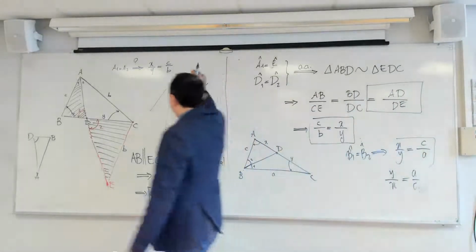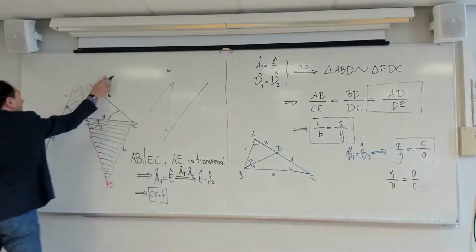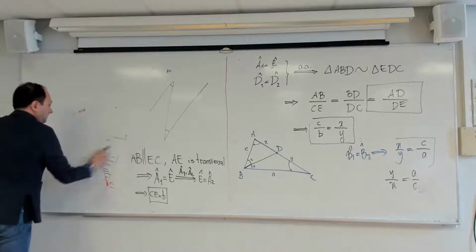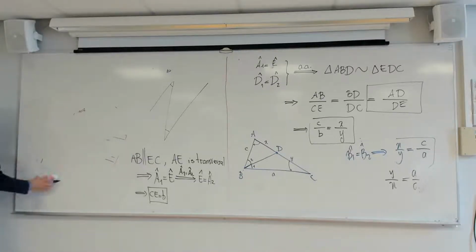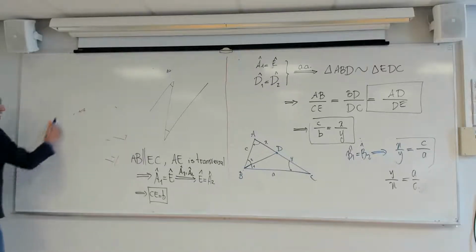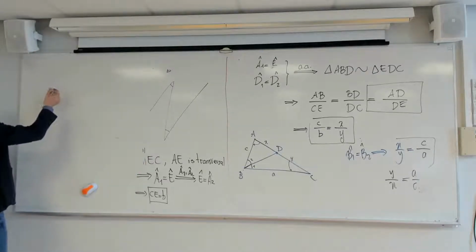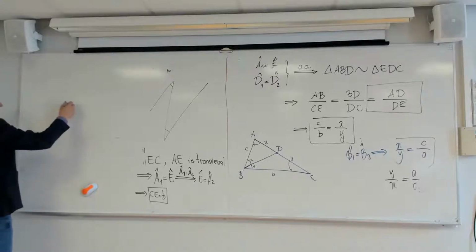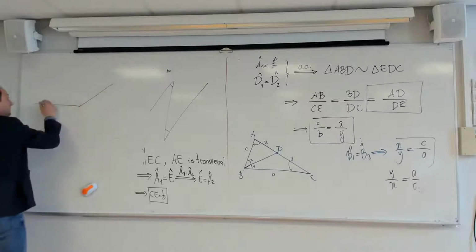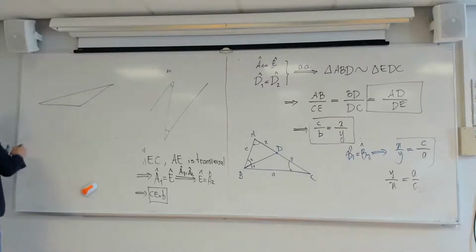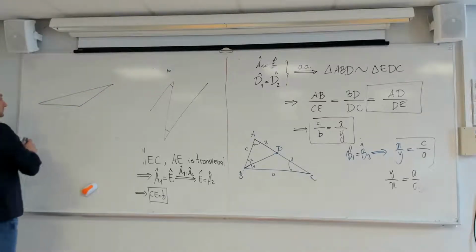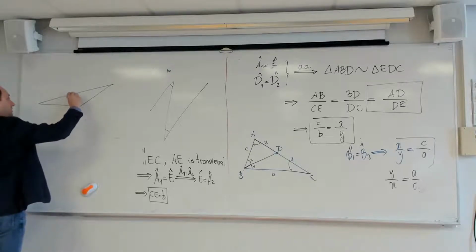So let me draw another picture for you. What happens, for example, if you have this? Yeah, this is more or less the same thing. For example, you have this triangle, and then you have this bisector.